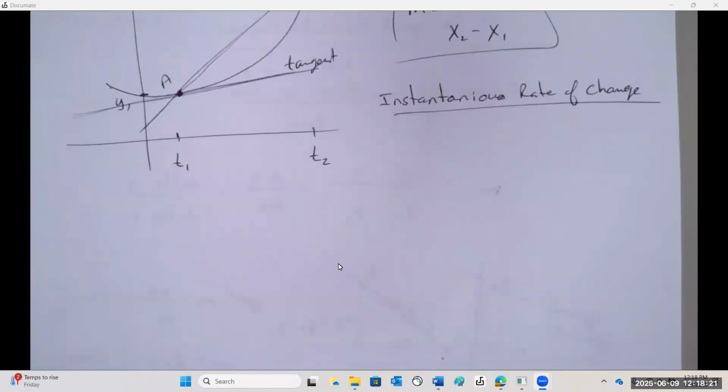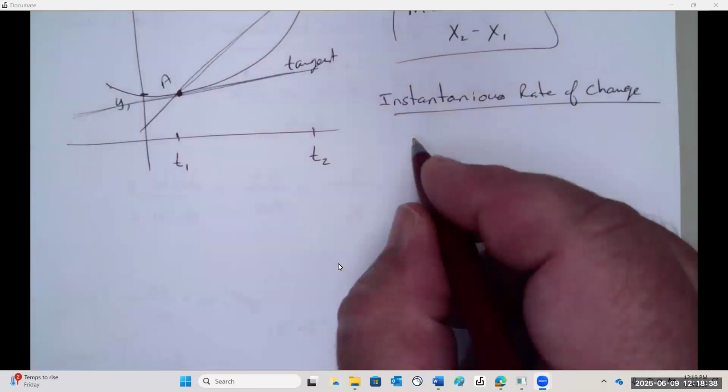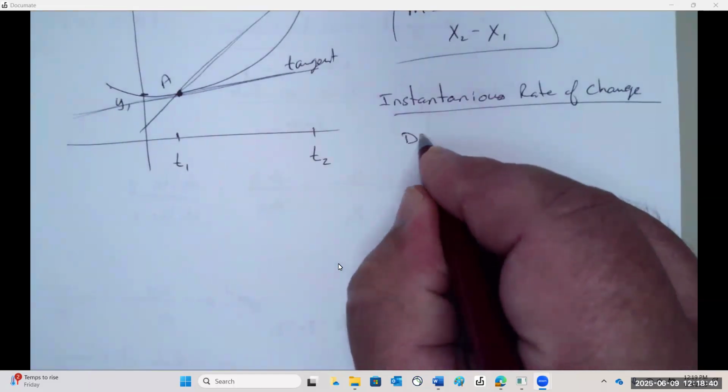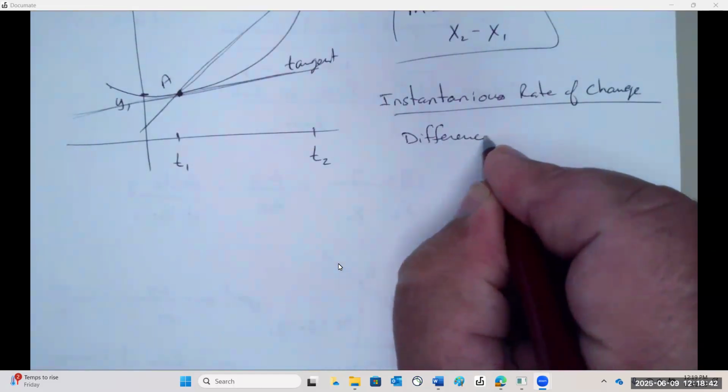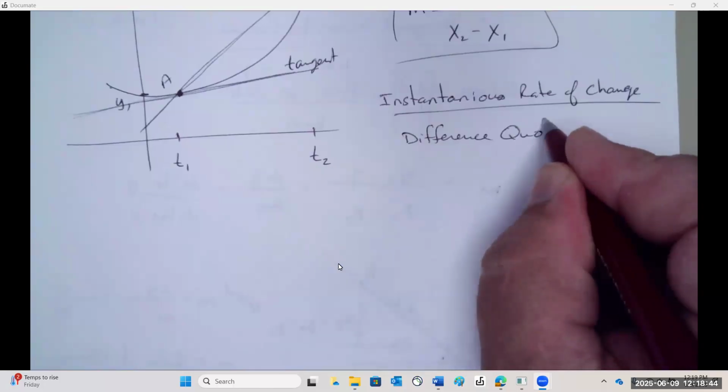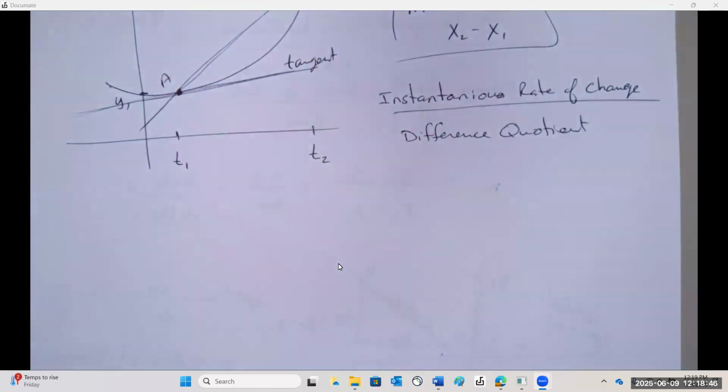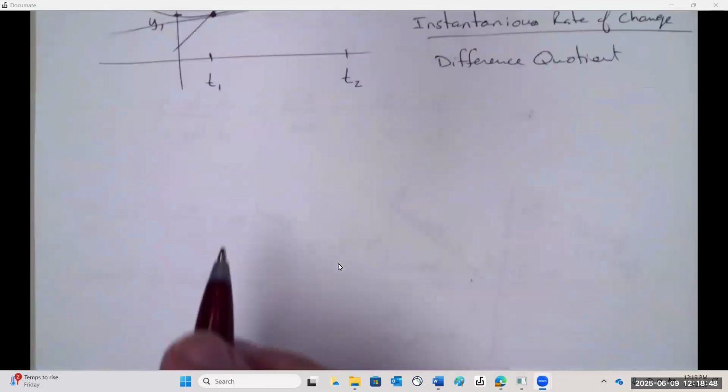One more time. What's that called? Differential. It's quotient. Yes. What happens here is this.